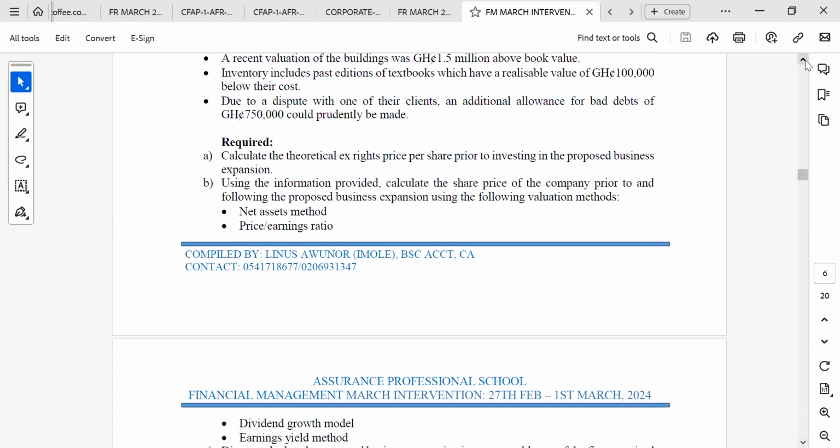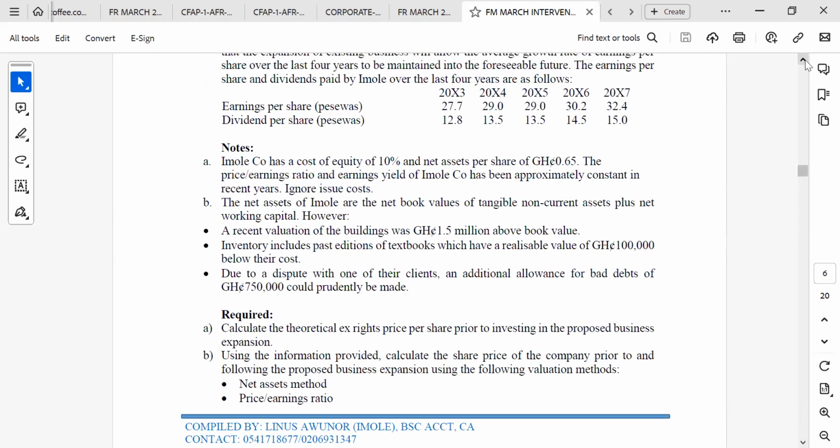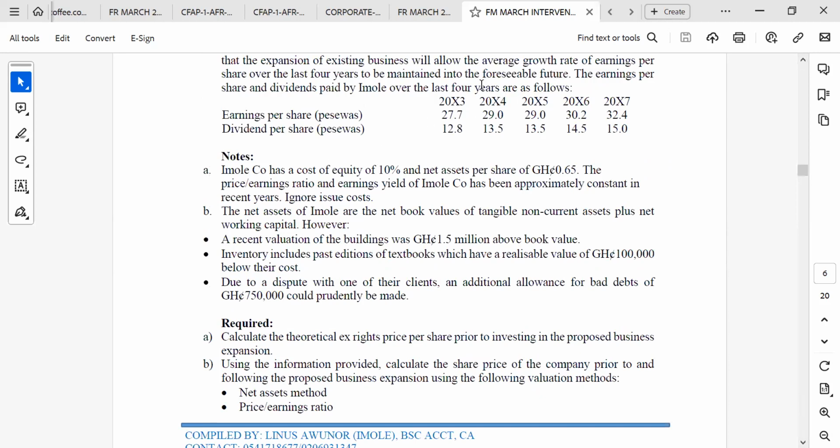Okay. Let's come here. Are we given assets and liabilities in this question? Can you see any assets and liabilities there?